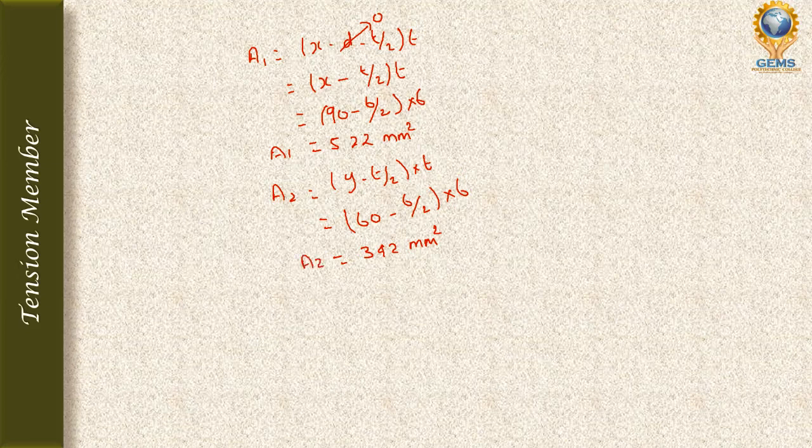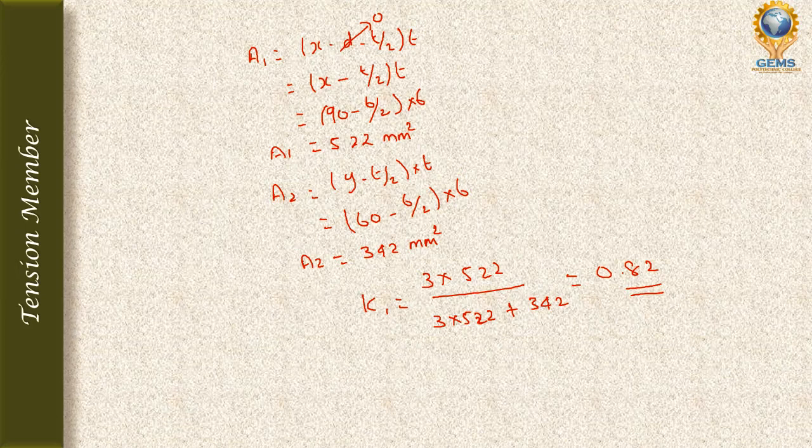This is A2. So we know A1 and A2, then we can find K1. That is 3 into A1, which is 522, divided by 3 into A1 plus A2, that is 342. So we will get the K1 value as 0.82.